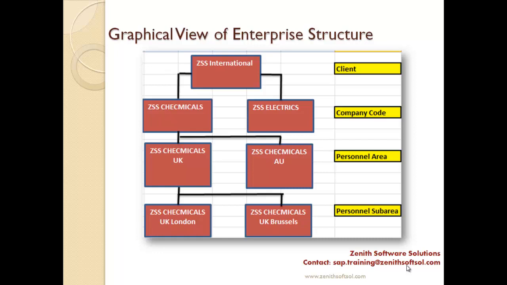So ultimately that personal area which is assigned to that company code reports all these profit and loss transactions to the company code. So this was the enterprise structure, and in my slides I have given you how to configure it in SAP. So let's go to SAP and see how we can configure it.